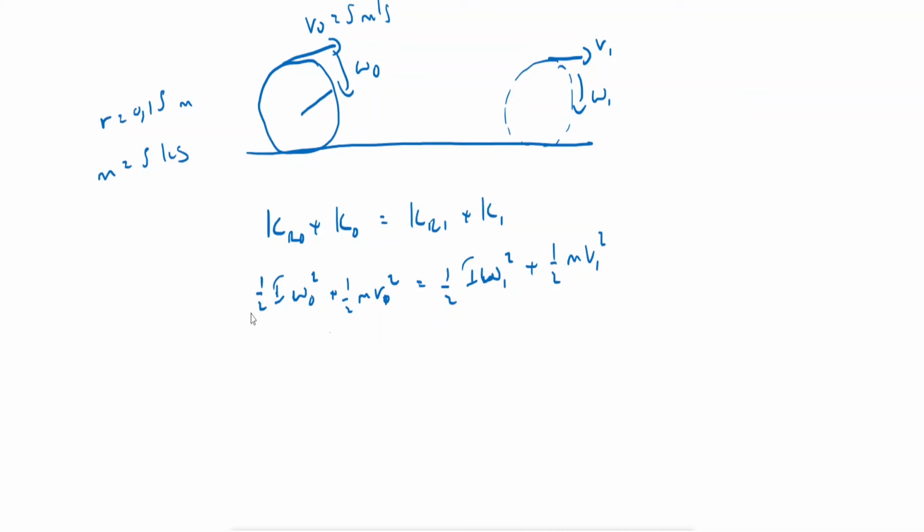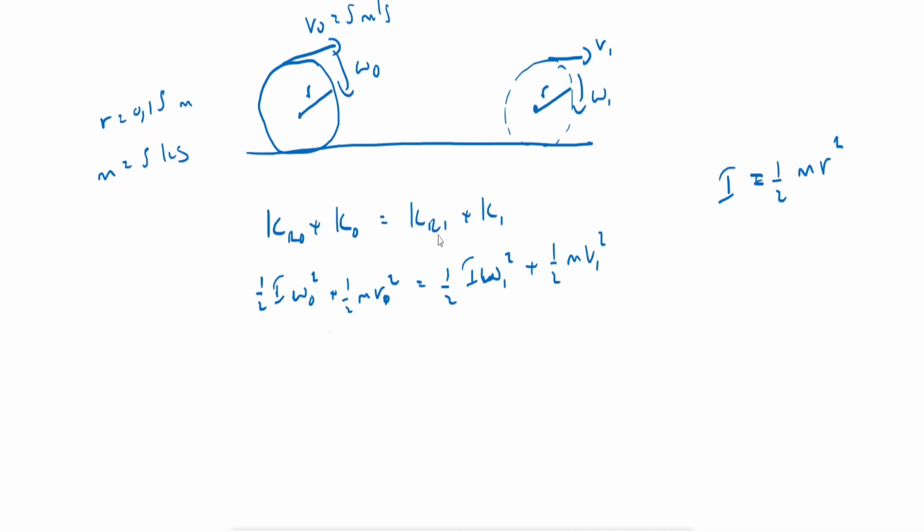The halves are going to cancel. Now, since this is a cylinder of radius r, the moment of inertia is given by half mr squared. So just assume that this is a cylinder, rotating about the center.